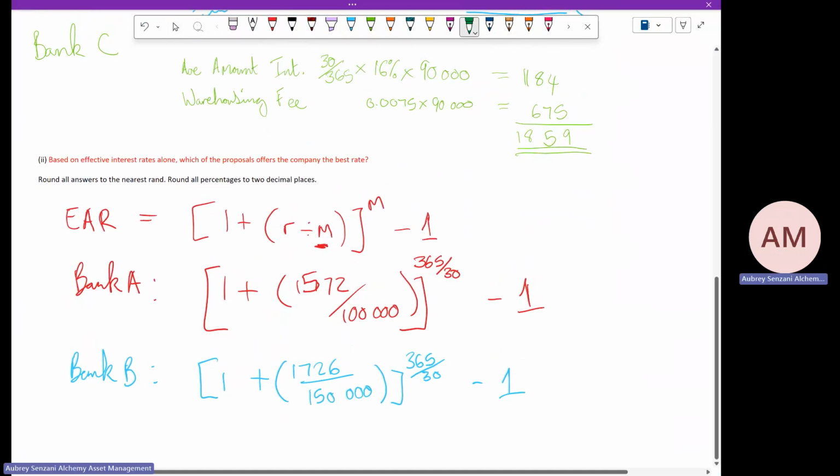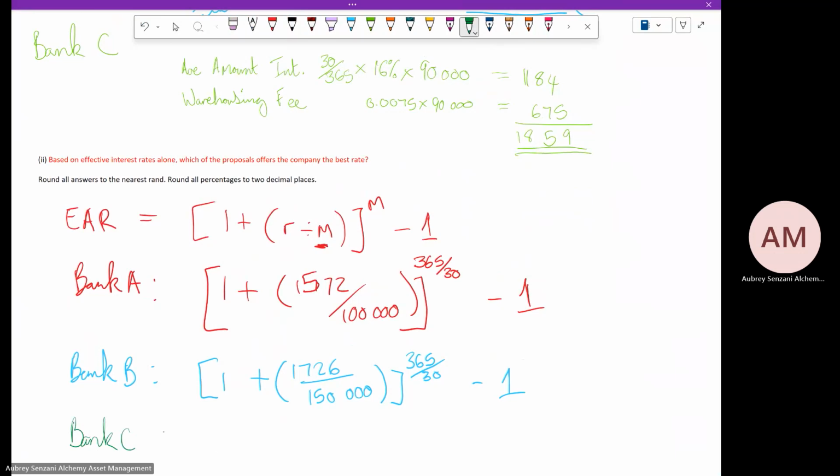And then finally, for Bank C, you guys can see.